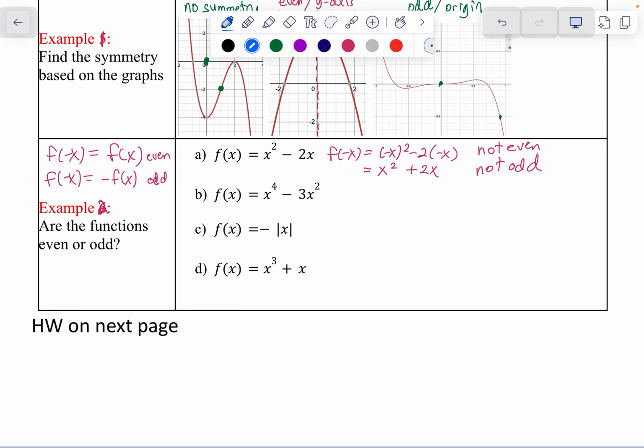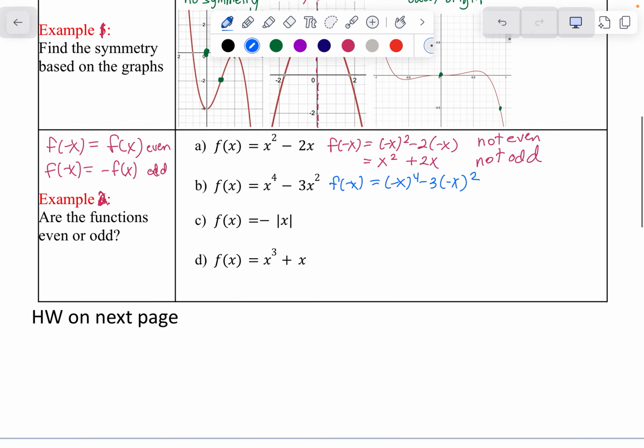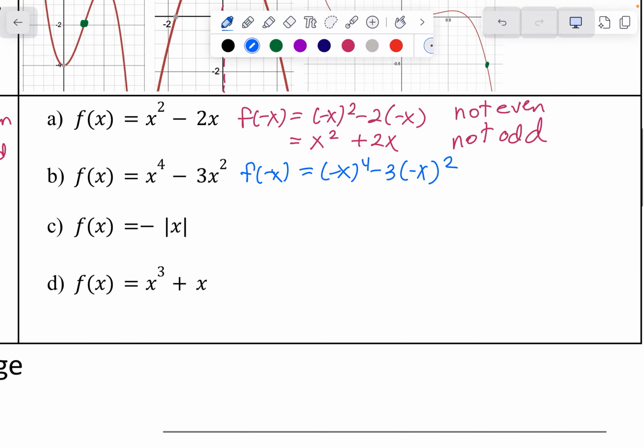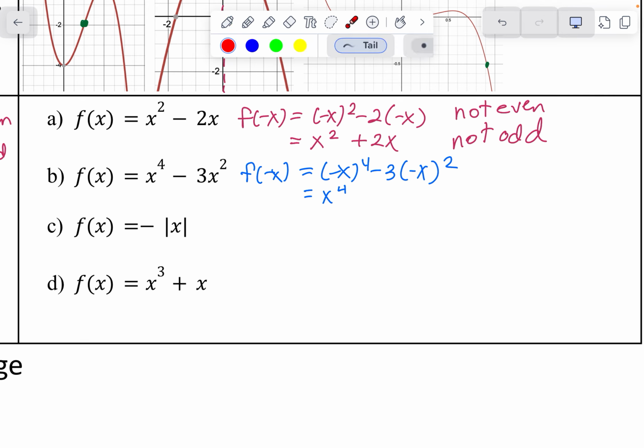Example 2b, we got to do the check. If I stick in -x, I get -x to the 4th minus 3 times -x to the 2nd. -x to the 4th, because we have 4 negatives multiplied together, would become a positive x to the 4th. -x to the 2nd becomes an x squared, multiplied by -3 is -3x squared.